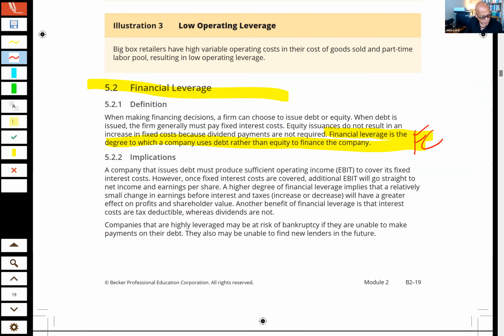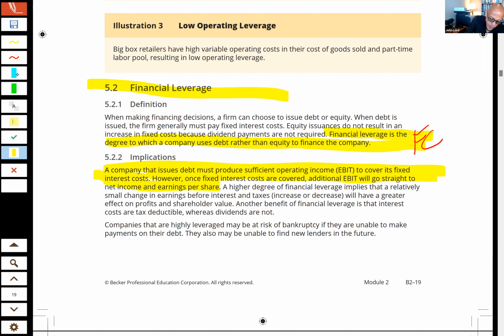And then you start to take a look at the implications here. A company that issues debt must produce sufficient operating income, earnings before interest and taxes, to cover its fixed interest costs. However, once those fixed interest costs are covered, additional EBIT will go straight to net income and earnings per share.